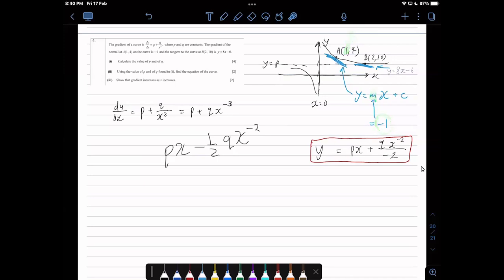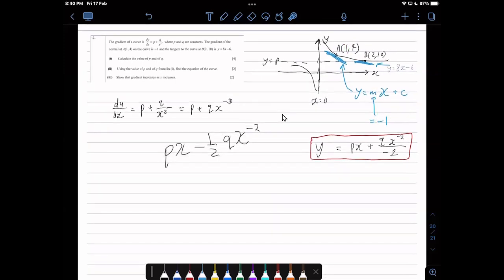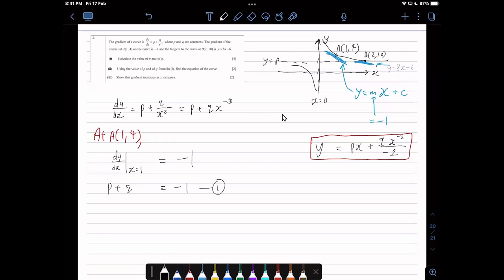At (1, 4), dy by dx with x equal to 1 is equal to -1, the gradient of the tangent. Sub x equal to 1, I think you know how to continue already, right? 1 to the power of -3 is just 1. So there's p plus q equals -1. That's your first equation.